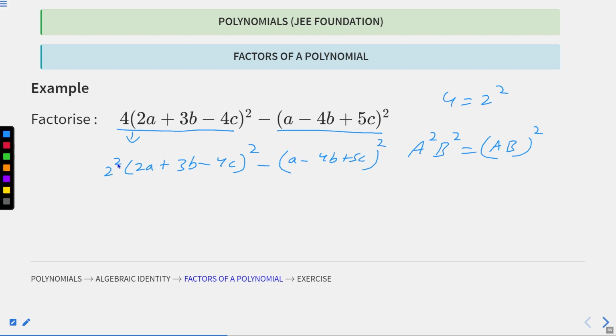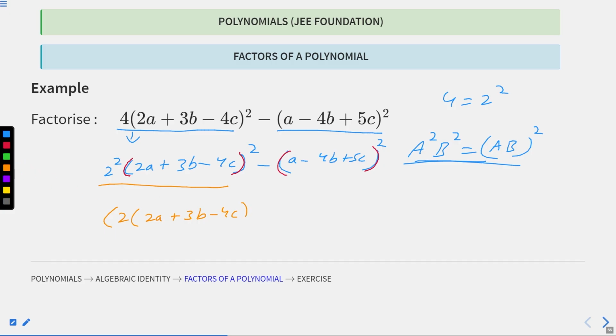I hope this is clear to you. Don't confuse the brackets and the squares. Okay, now I'm going to apply this identity. So on applying this, I will get 2 times 2a plus 3b minus 4c.